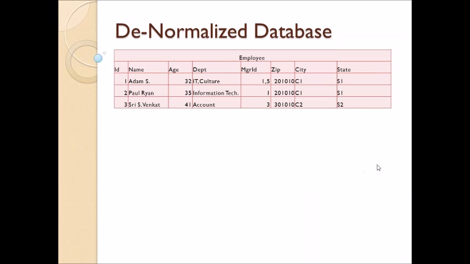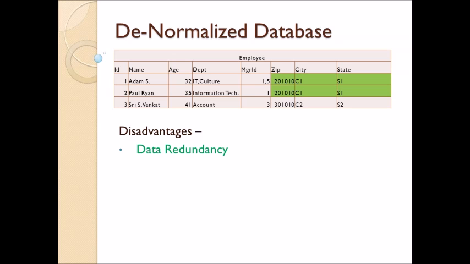So let's try to understand the disadvantages of this totally denormalized database, right? The first disadvantage we can see is that there is a lot of data redundancy, a lot of data duplicacy. Here you can see that the city and state columns are repeated unnecessarily, right?